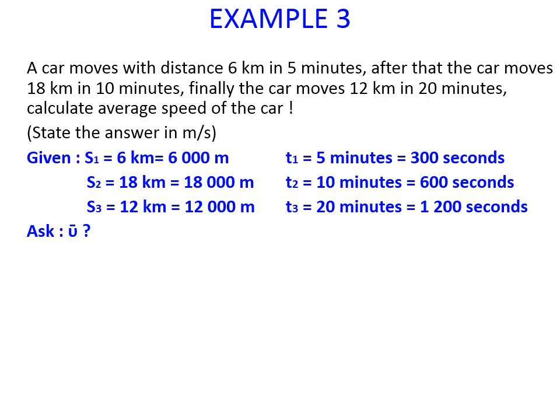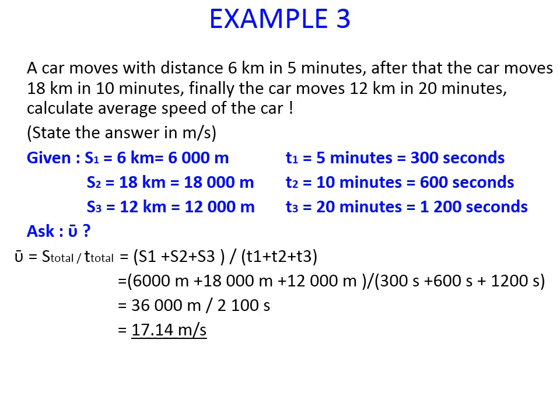T2 equals 10 minutes equals 600 seconds. S3 equals 12 kilometers equals 12,000 meters. T3 equals 20 minutes equals 1,200 seconds. Asked: average speed.